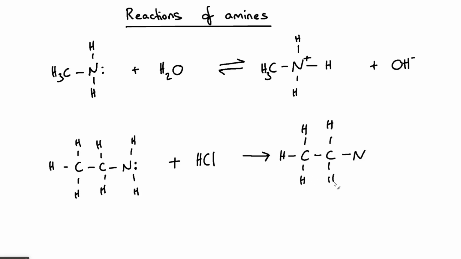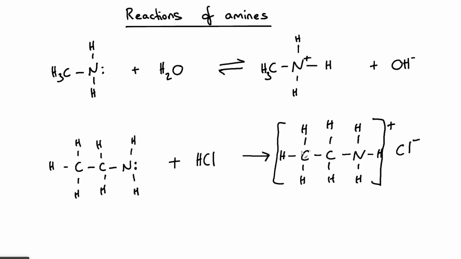So what we're going to do is accept the hydrogen ion from the acid. The amine uses its lone pair of electrons to do that. What we're going to do is form a positive ion here, and a negative chloride.